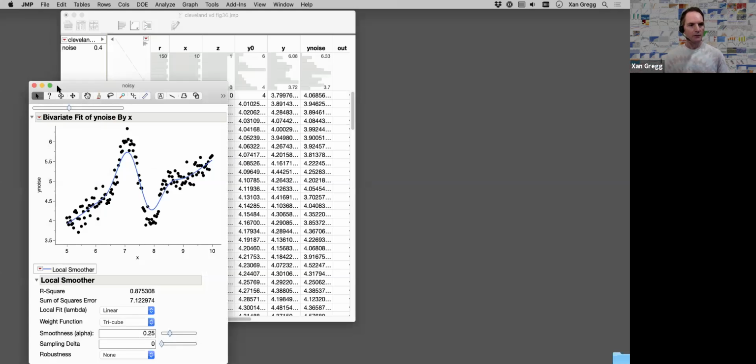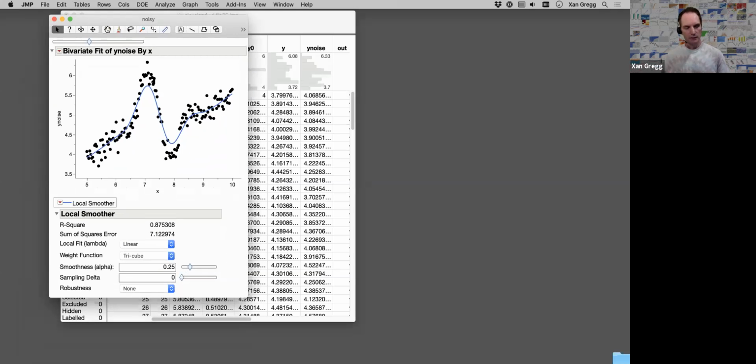And here's a JMP version of that same kind of thing I showed in Observable. I better turn on robustness just to make it a fair fight. You can see now if I make the noise very low, it's not going to be troubled.